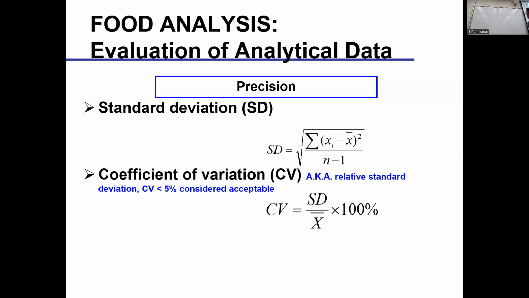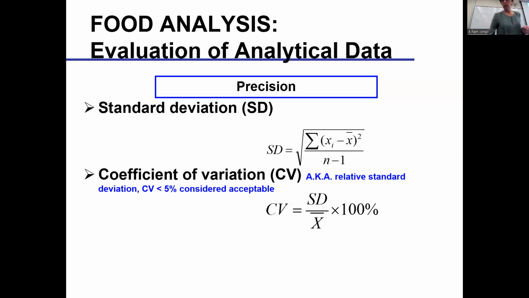So in your lab report, you'll see that we almost always ask you to calculate the coefficient of variation to determine precision, not accuracy. How precise is your value, not how accurate is your value? For that we need the coefficient of variation.